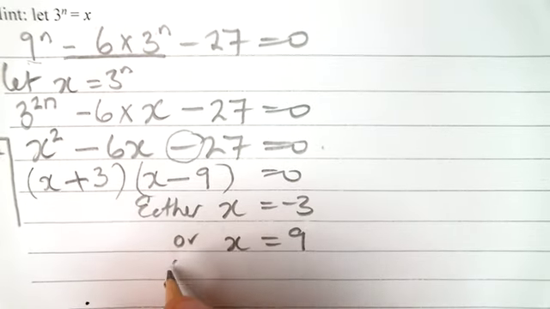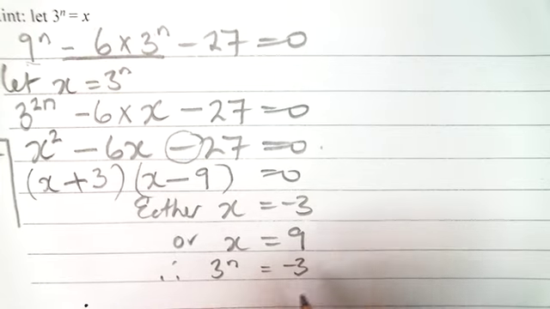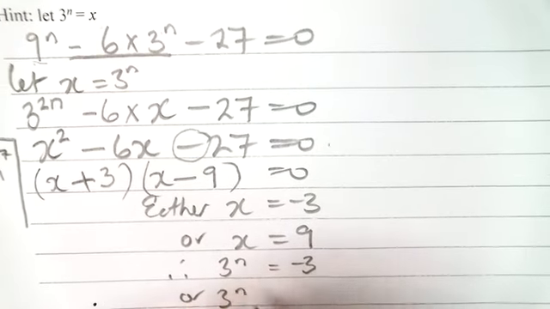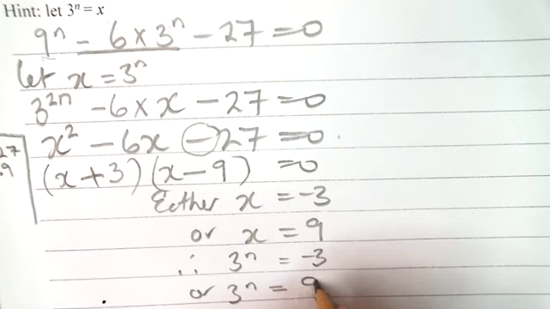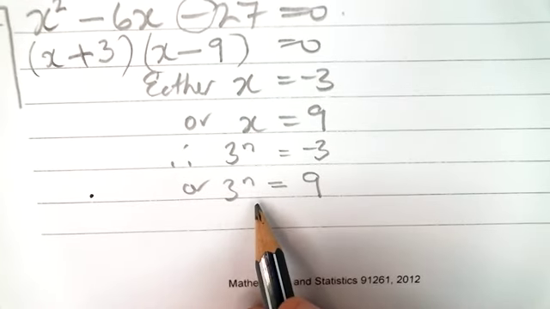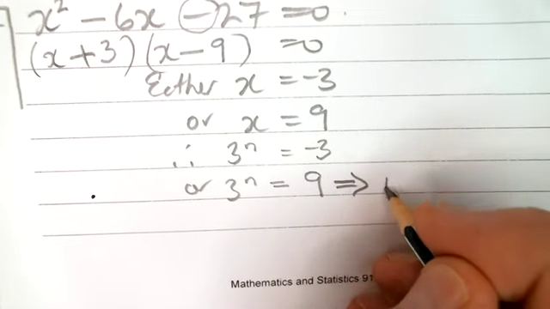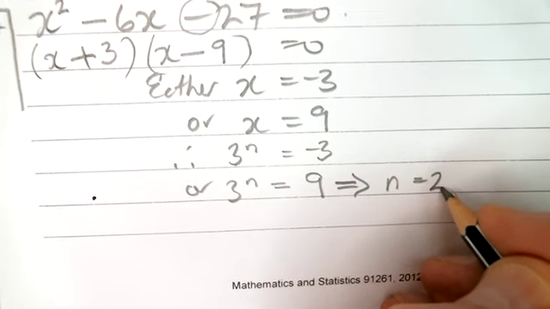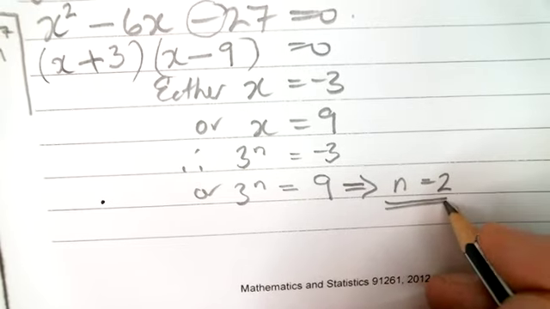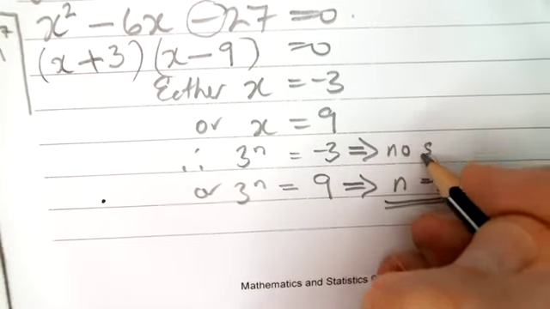So therefore, we could say 3 to the n is equal to negative 3, or 3 to the n equals 9. Well, here, it's pretty obvious we've got a solution. That implies that n equals 2. And the other one implies no solution.